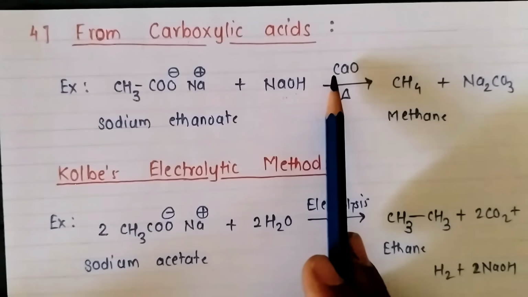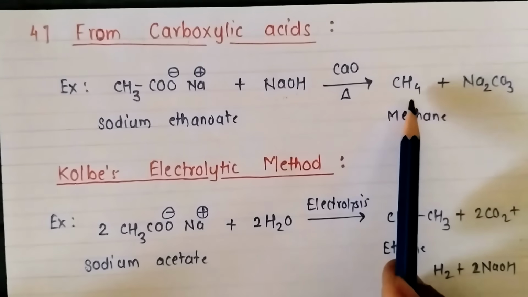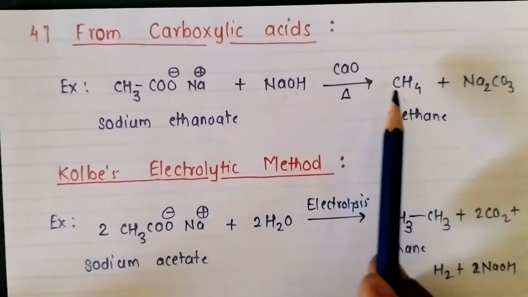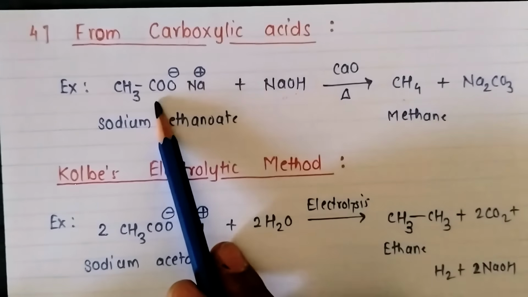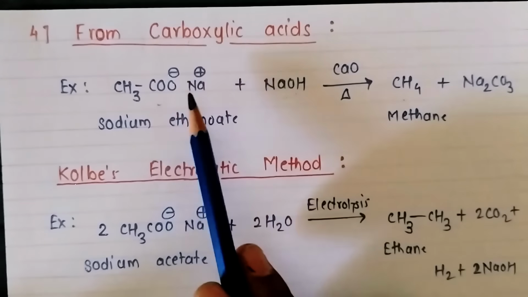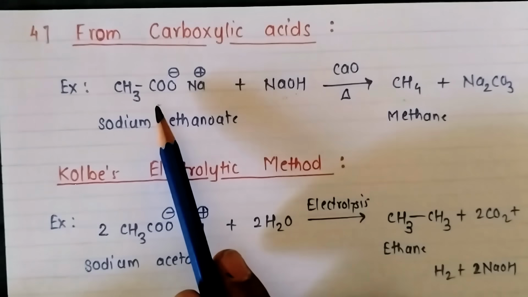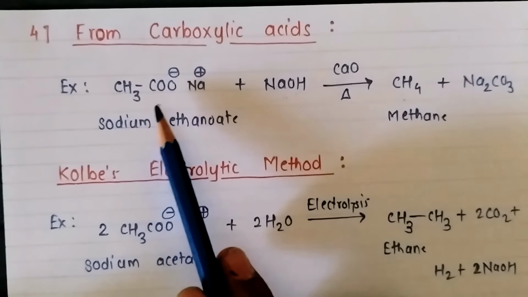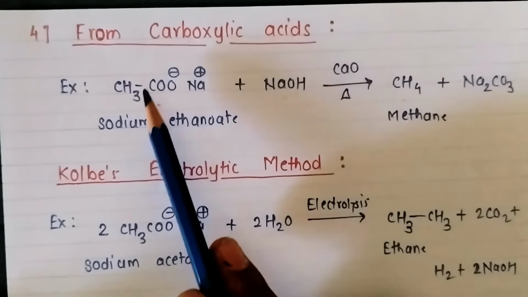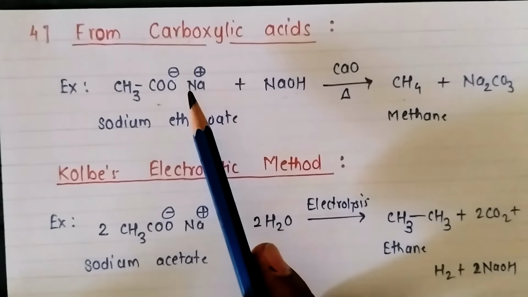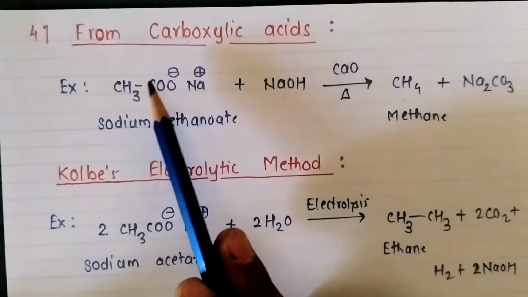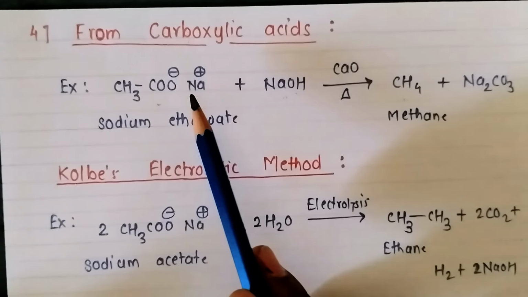So we get an alkane, but this alkane contains one carbon less than the corresponding carboxylic acid. Means this is a sodium salt of a carboxylic acid containing two carbons, but here is one carbon. Means a CO2 molecule is removed. That's why this reaction is a decarboxylation. Here CO2 is removed.